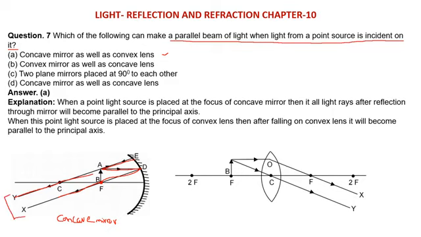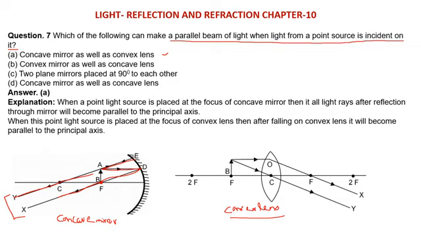The same thing will definitely happen in a convex lens, because we know that the concave mirror and convex lens form similar types of images. So if I keep an object at focus in case of a convex lens, what is happening?